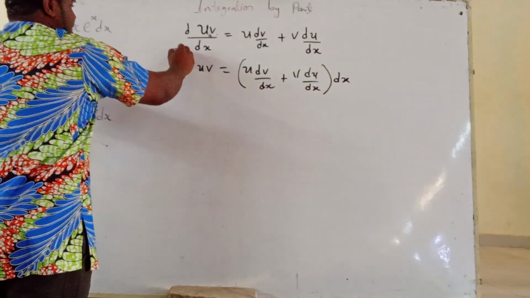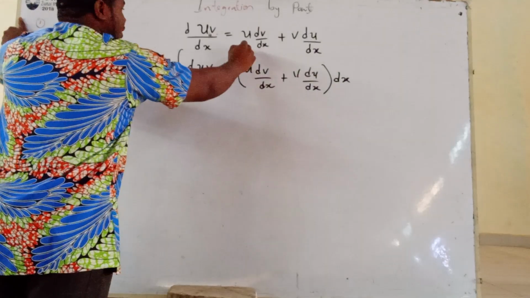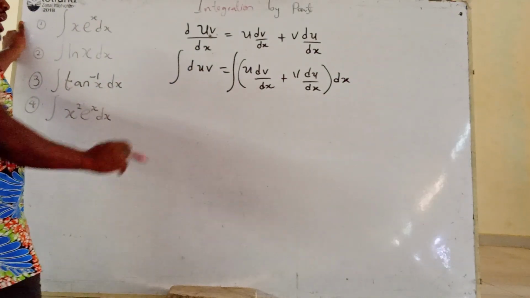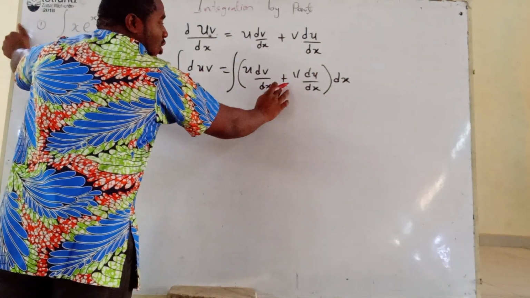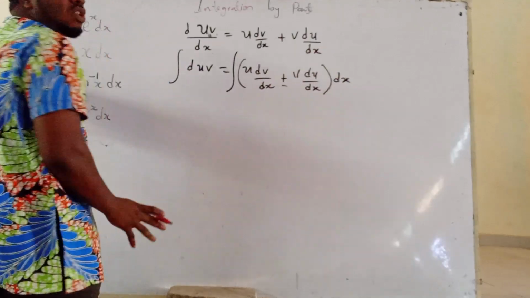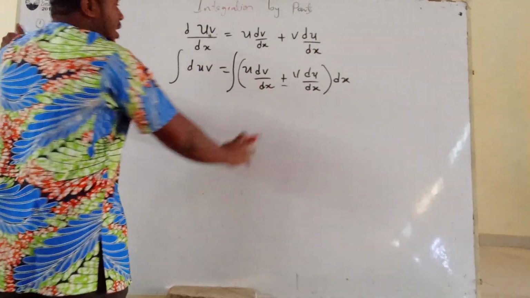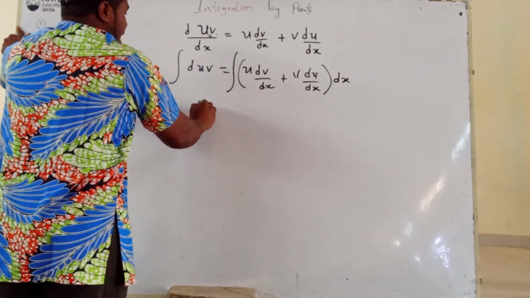And if I want to take the integral of this side, automatically I can have the integral of this side also. Is that not so? Good. And I told you guys that since you have addition separating these two terms, I can integrate them individually. Is that what we agree? Yes. So when I integrate this, I'm just going to have uv.